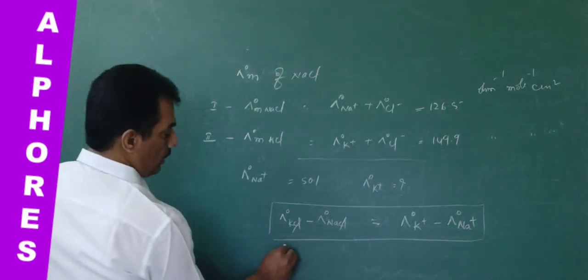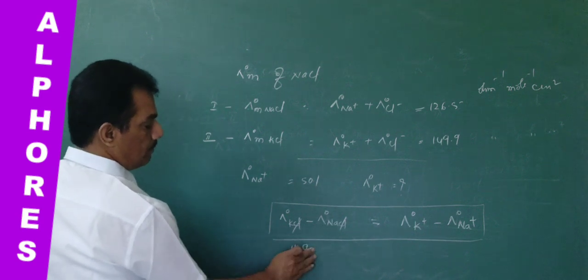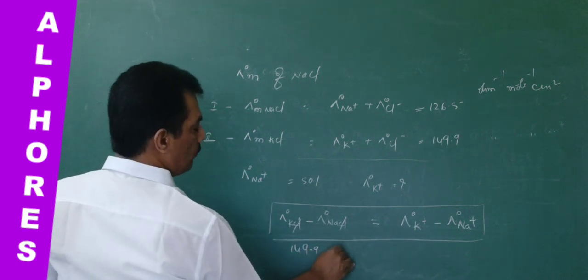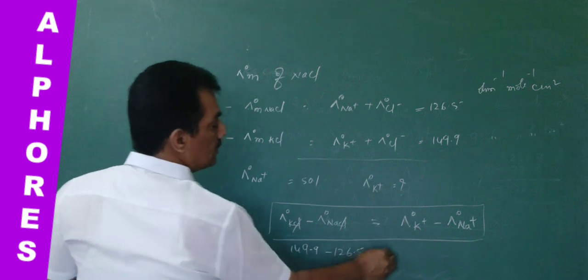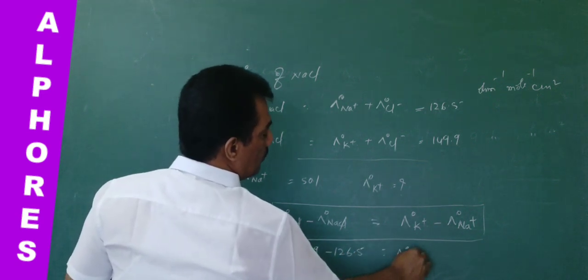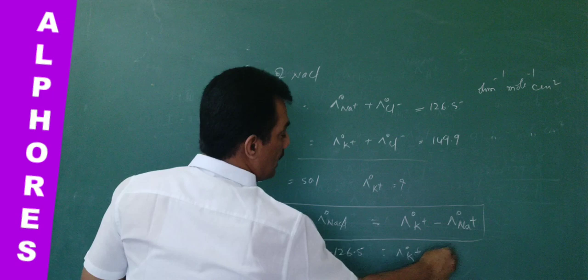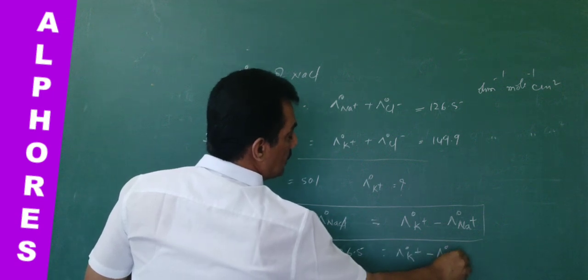We are getting 149.9 minus 126.5 is equal to lambda naught K plus minus lambda naught Na plus.